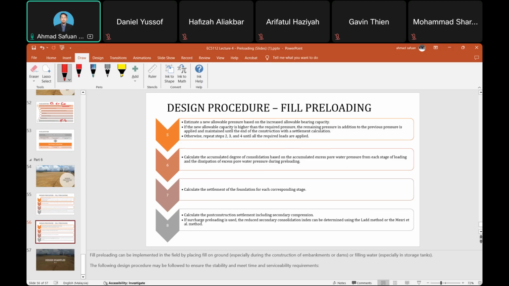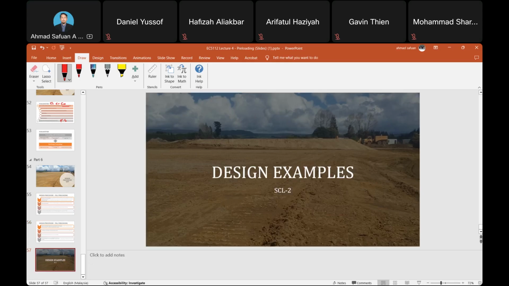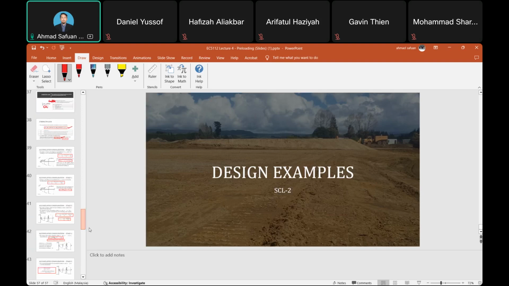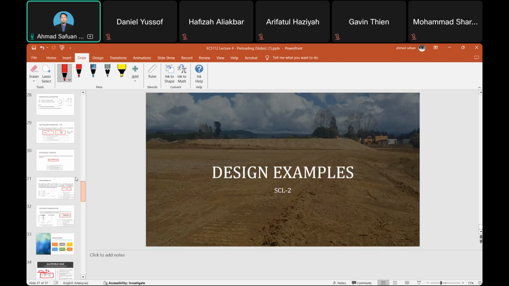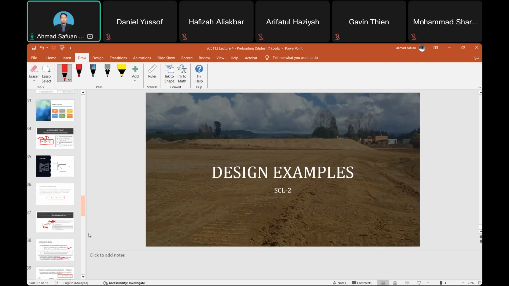So from there we can estimate the secondary consolidations. I just completed the explanations for the preloading, vertical drains, and the vacuum.